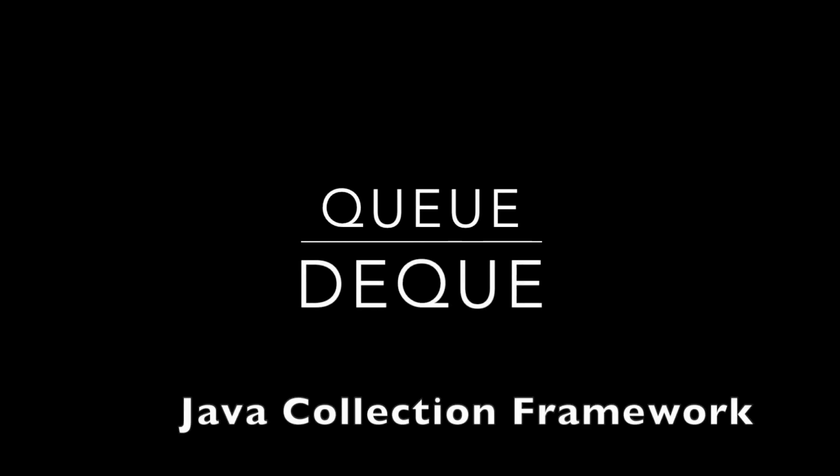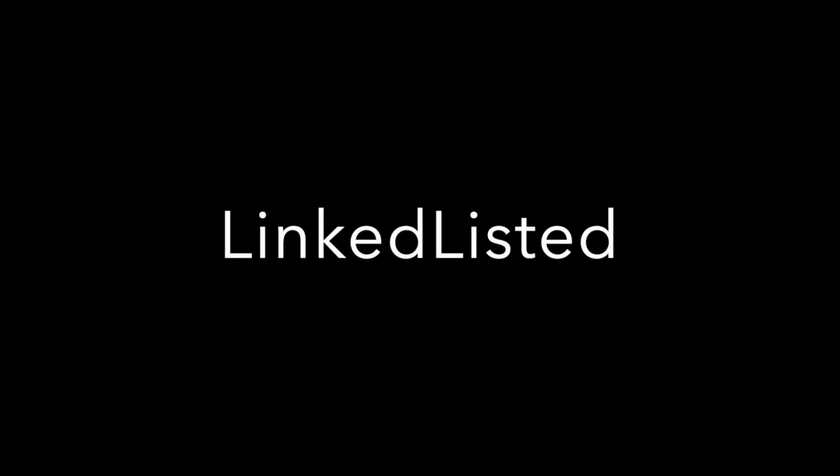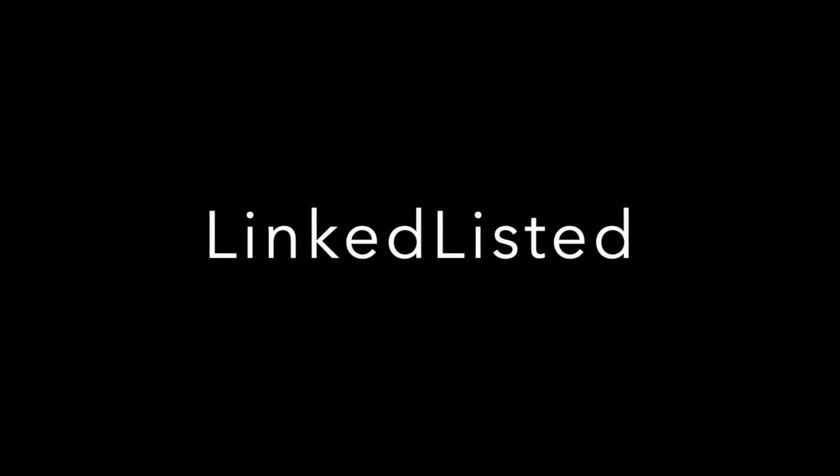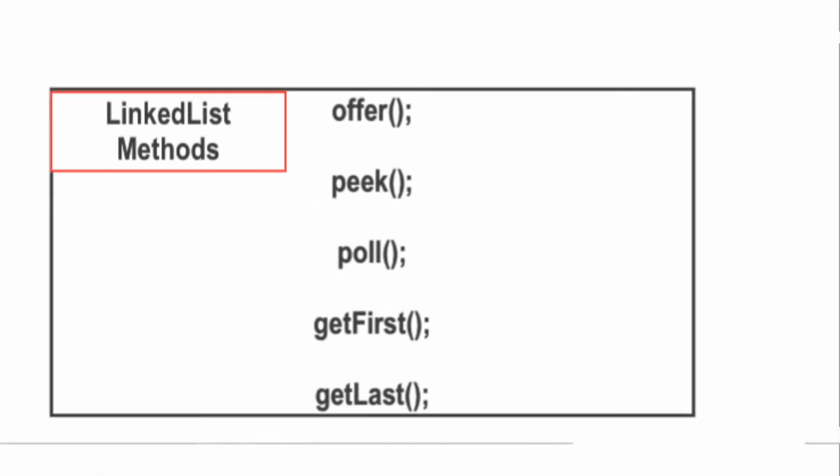The Deque and the Queue are part of the Java collections framework. Furthermore, linked lists have access to methods that ArrayList cannot even use. So here are a few of those methods that ArrayList does not use.